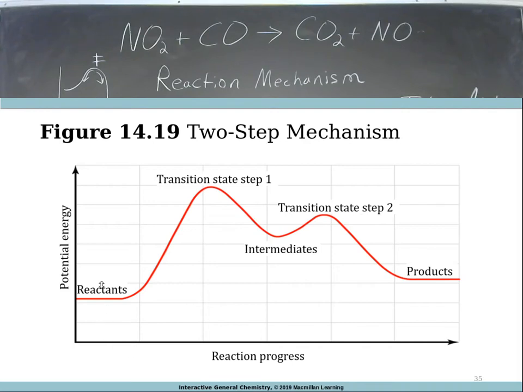So on the left here you have the reactants, and there will be some activation energy required to reach that first transition state, and then it will settle down into intermediates. So each bump on the reaction coordinate diagram is going to involve a transition state, some reactants, and some products to that step.